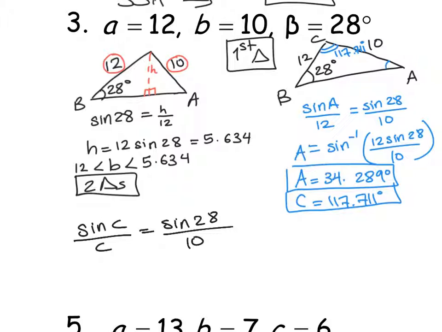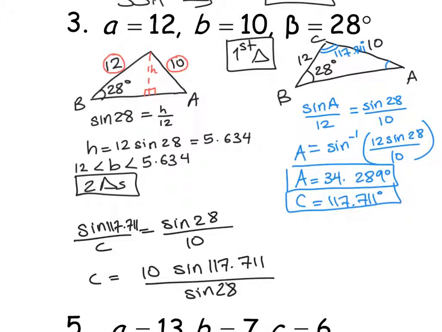So C is what I want, and angle C, I just found it, it's 117.711. So C is equal to 10 times sine 117.711 over sine 28, which, if you put it in the calculator, is going to give you 18.857.